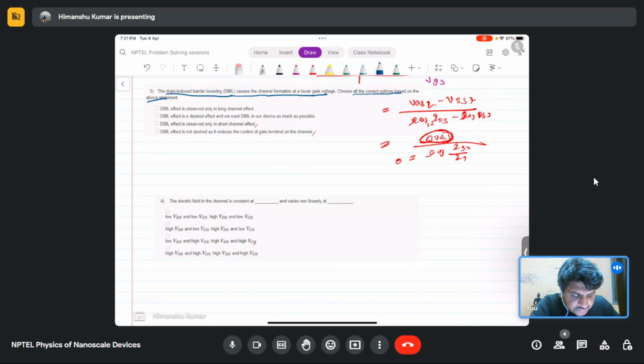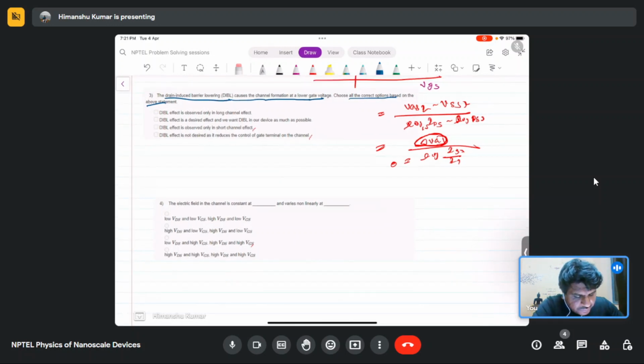As I discussed, and as sir has discussed in the class, when you make the channel shorter and shorter, then the control on the channel is not only by the gate. This is source, substrate, and drain. As you make this length shorter and shorter, this barrier will move in this direction.